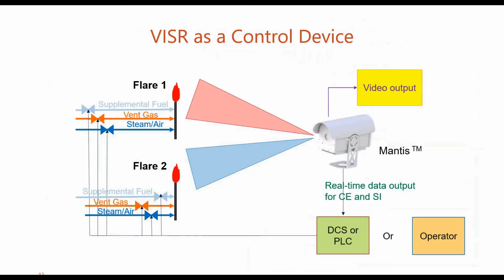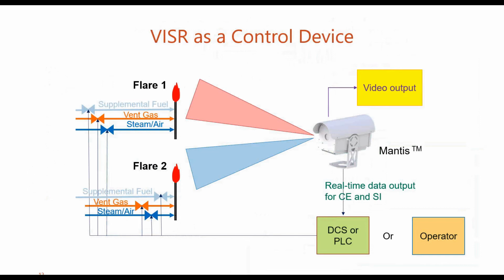It can also be used very capably as a control device. I mentioned that the Mantis device with the VISR method has no latency. So here is now, for the first time, a feedback system for your flare control.